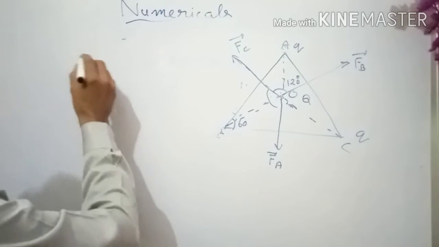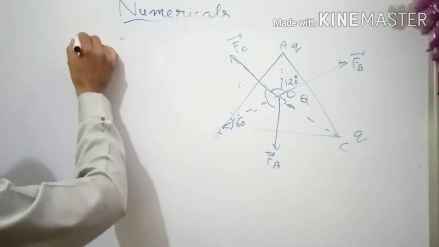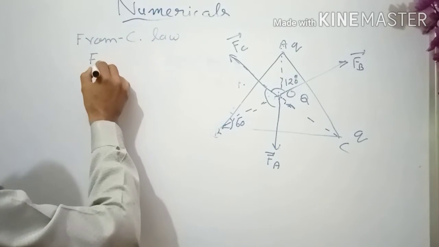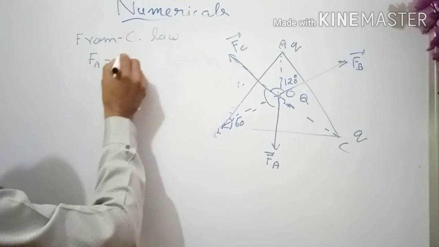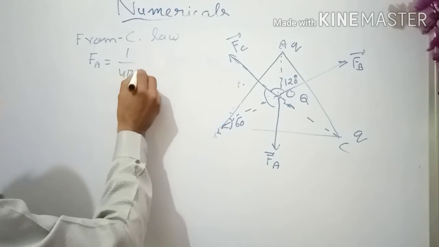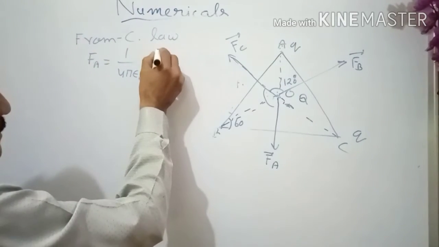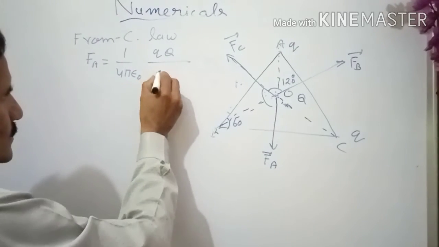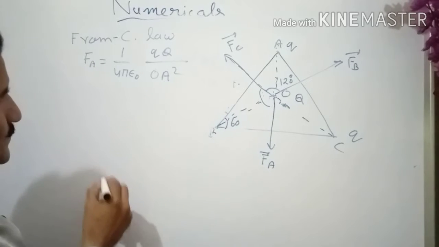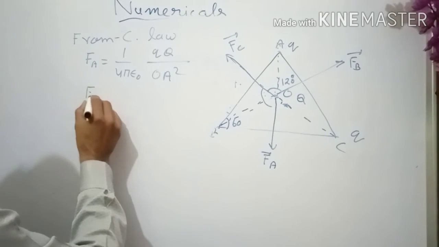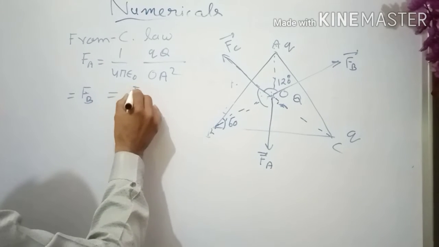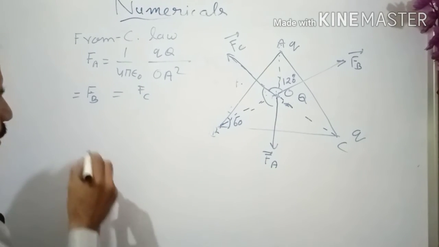So obviously from Coulomb's law, FA is equal to how much? 1 upon 4 pi epsilon naught, Q is there, so Q upon this distance OA whole square. FB is also same, and FC is also same.